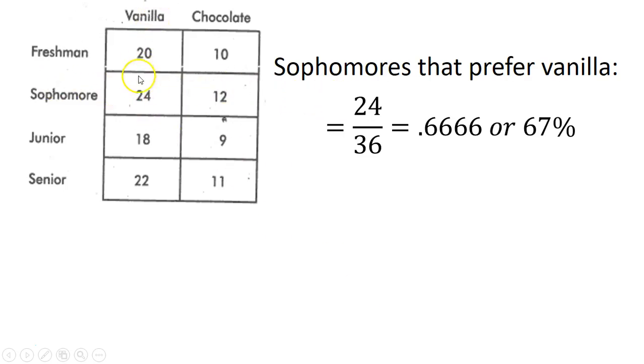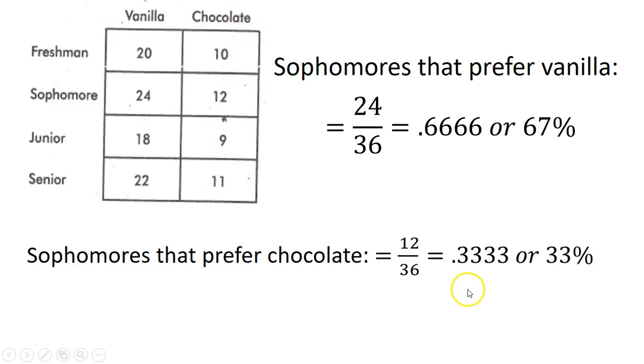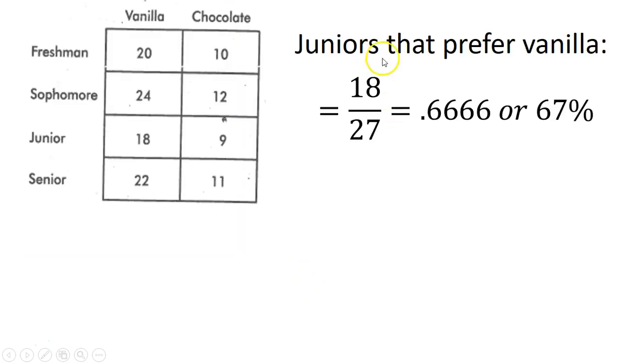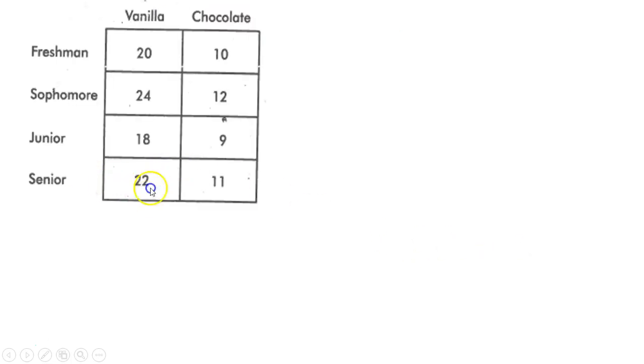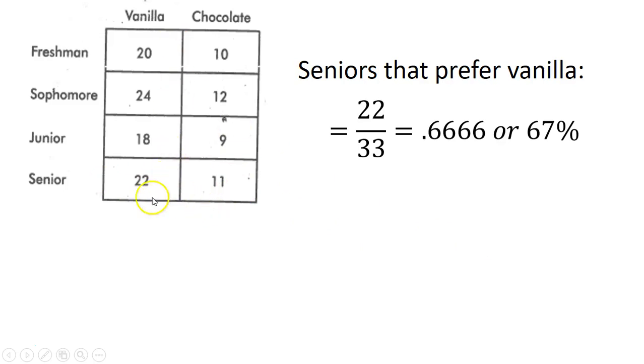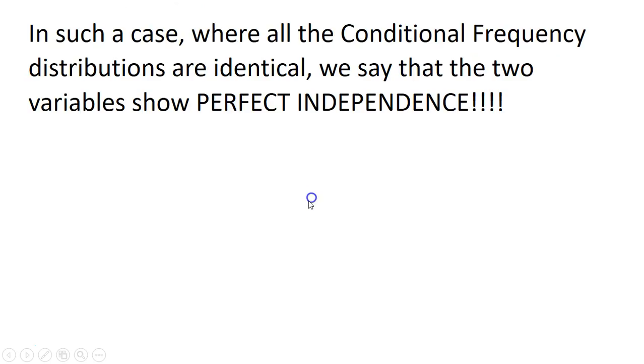Sophomores that prefer vanilla, 24 out of 36. Sophomores that prefer chocolate, 12 out of 36. Juniors that prefer vanilla is 18 out of the total of 27, and juniors that prefer chocolate, 9 out of 27. And seniors that prefer vanilla, 22 out of 33, and seniors that prefer chocolate, 11 out of 33.